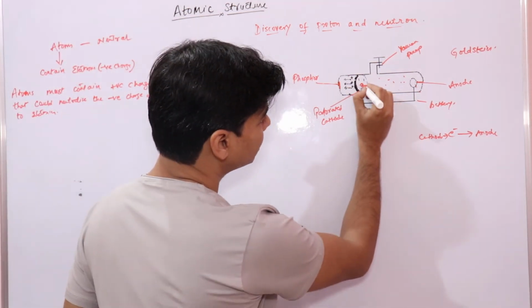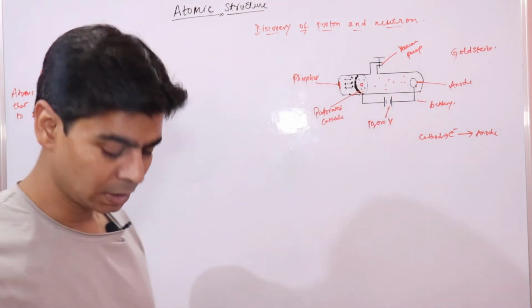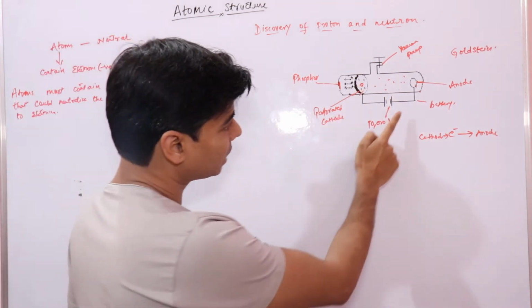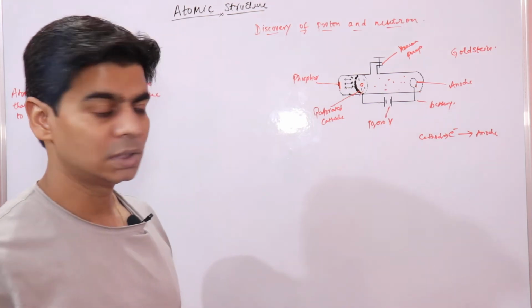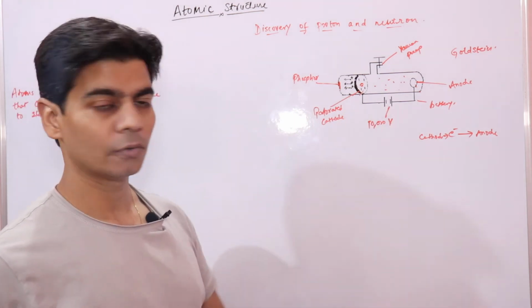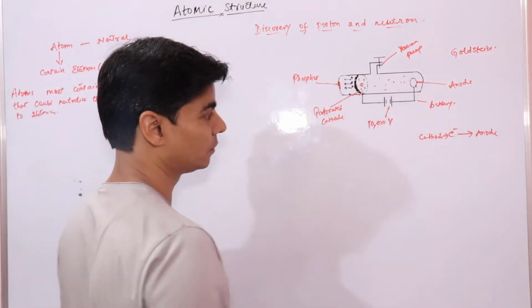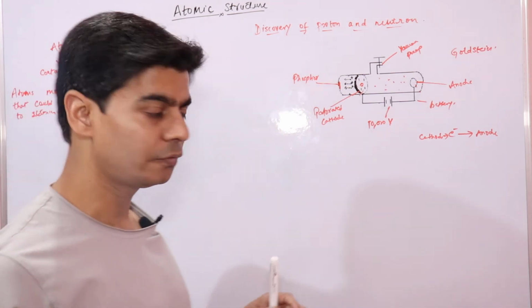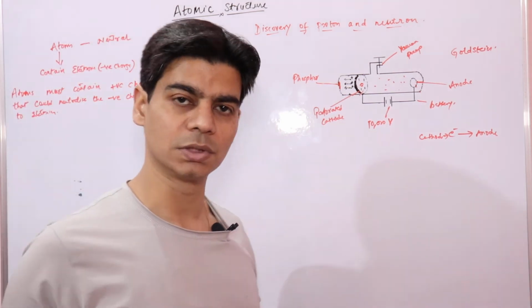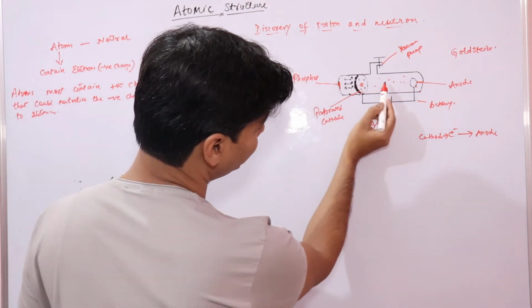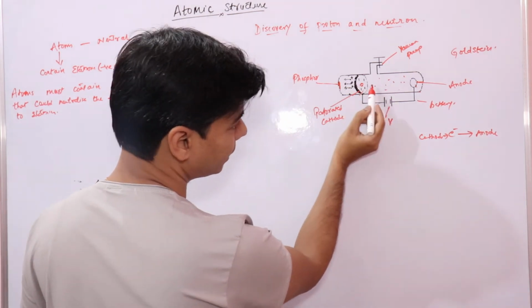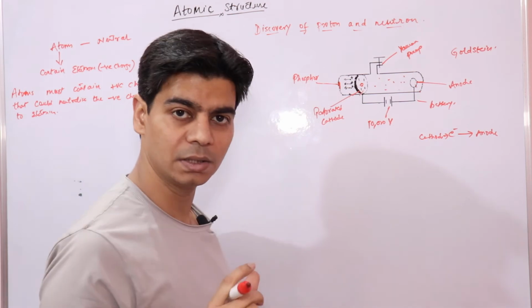Now we said this is a perforated cathode. That means on passing this 10,000 volt of electric current through this tube, some kind of rays are getting produced that pass through this hole in the cathode.